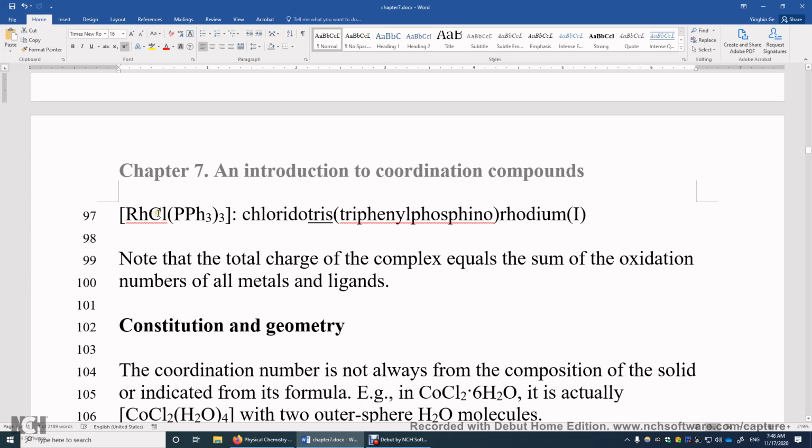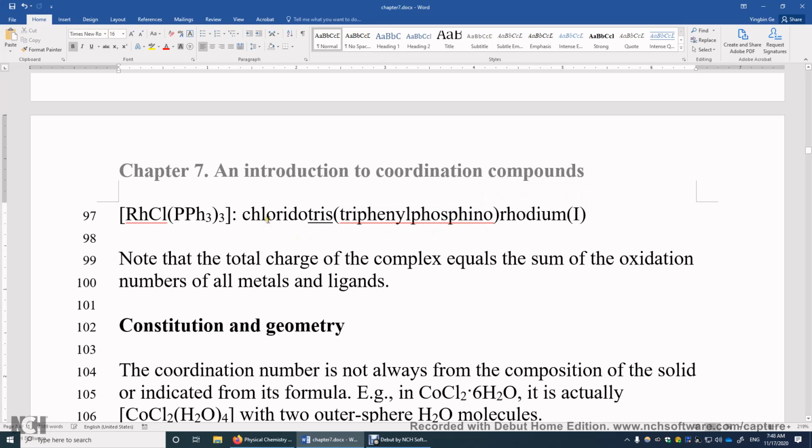You have chlorido here. This one is triphenylphosphino. In this case, this chlorido is placed in front of this triphenylphosphino ligand, and we'll have to use tris here to specify that we have 3 such ligands.